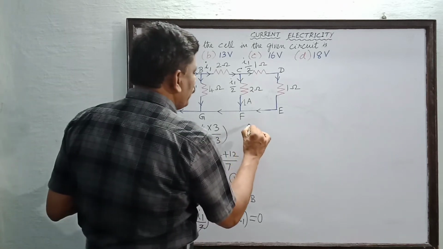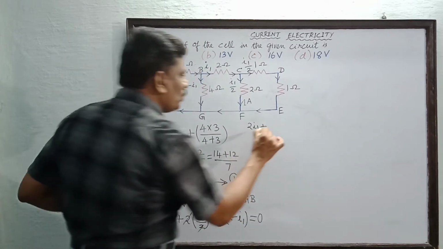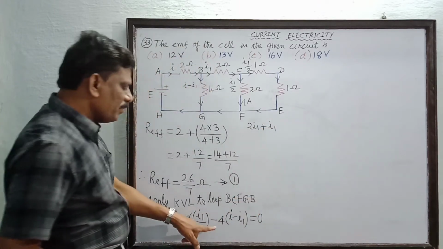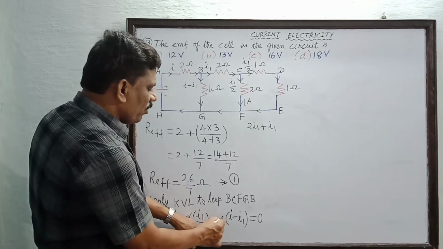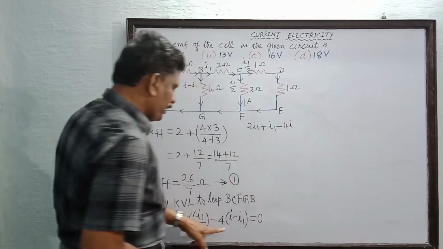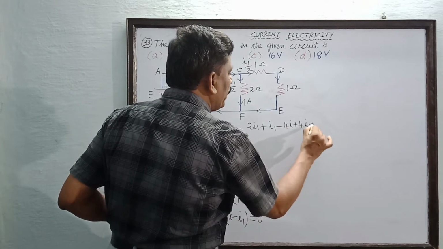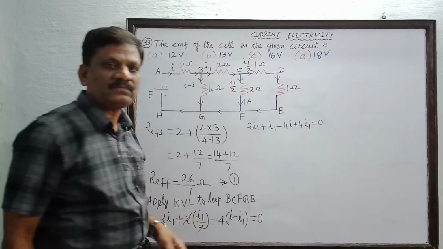So 2I1 plus, after cancelling these two, I1, then minus of 4 into I. So this is minus 4 into I. Minus of minus is plus, plus 4 into I1 is equal to 0.